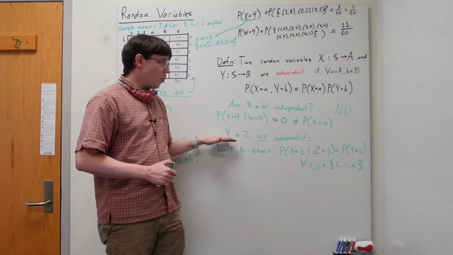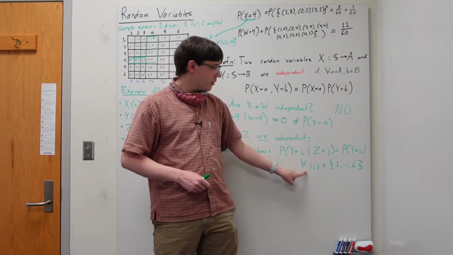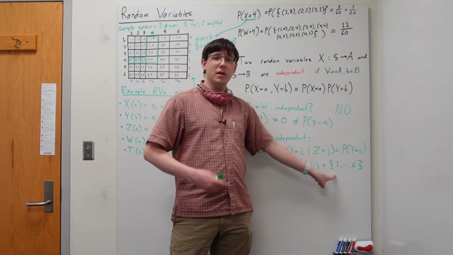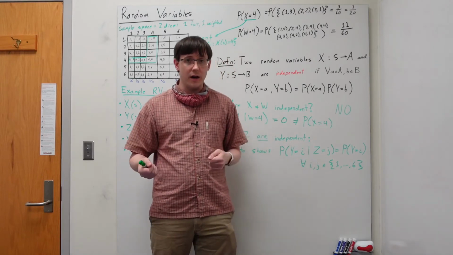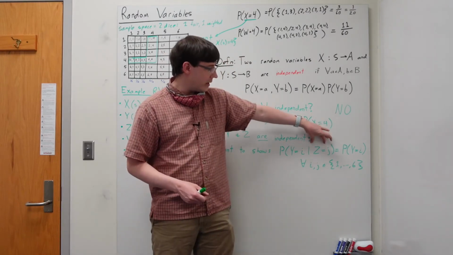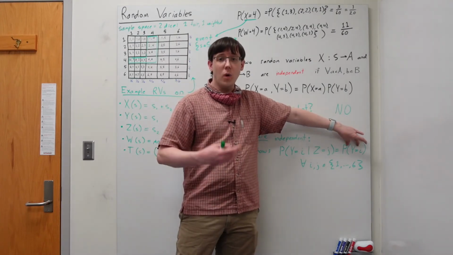To prove that Y and Z are independent, we would need to show that for all 36 possible values that Y and Z could jointly take on, conditioning on the value of Z doesn't change the probability of Y taking on the value I.